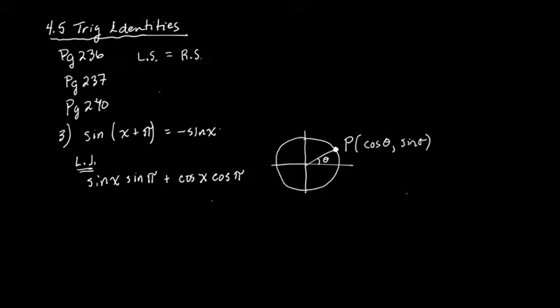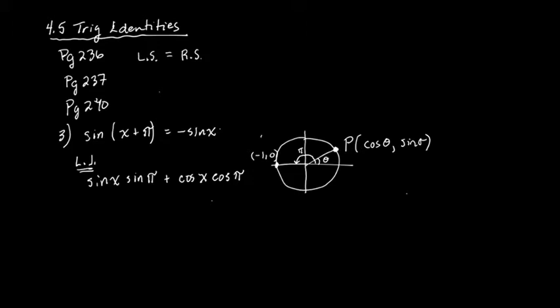So cosine comes first, sine comes second: x, y. Well, pi happens to be an angle in standard position as well. It extends all the way over to the x-axis. If we're talking about a unit circle, that means the radius of this circle is 1, and therefore the coordinates of this point would be (negative 1, 0).